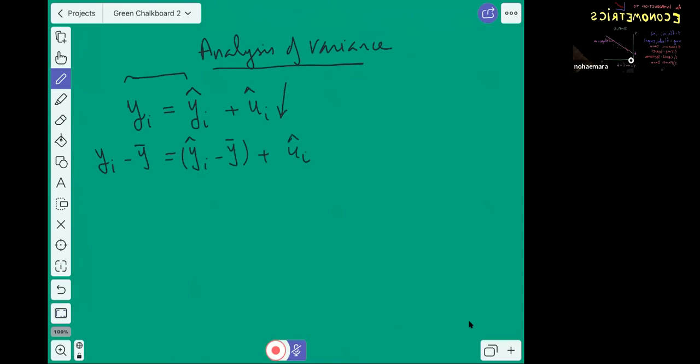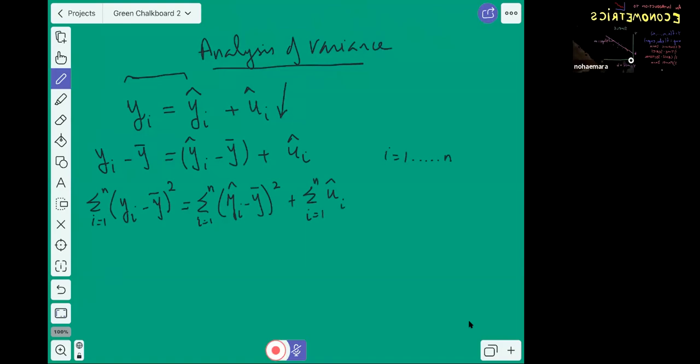If I add the summation sign from i equal 1 to n, assuming that I have a set of observations that start from the first person all the way to person number n, then I can take the summation over all the set of observations, and I can also square it, equal the sum from i equal 1 to n of yi hat minus y bar squared plus the sum over all the error terms I have over the set of observations I have.